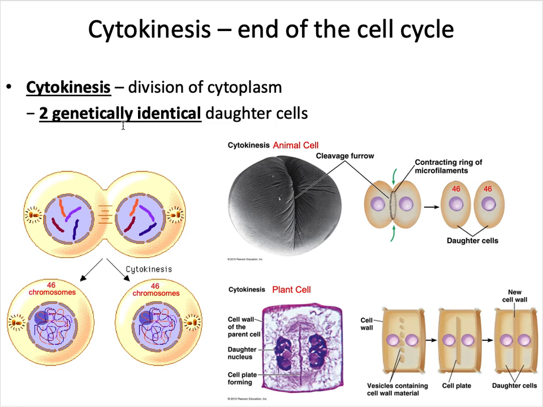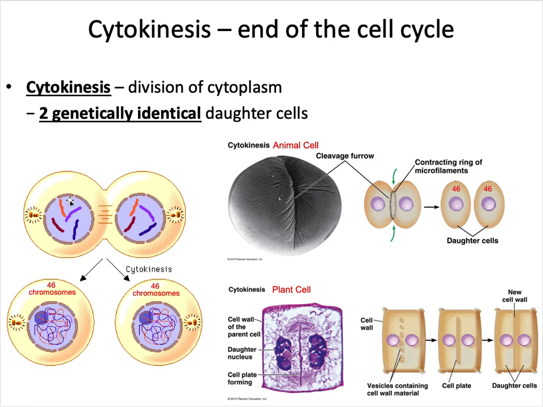Now, the next process is called cytokinesis, and cytokinesis does start at the same time as anaphase and telophase, but it is not a part of mitosis. It's a separate process. So cytokinesis is basically the division of the cytoplasm, which just means that this cell will separate to become individual daughter cells through cytokinesis.